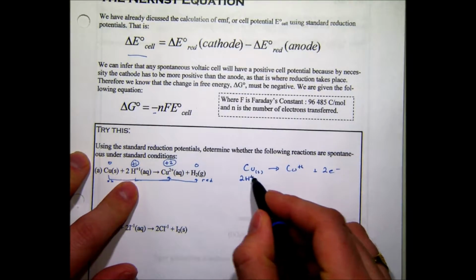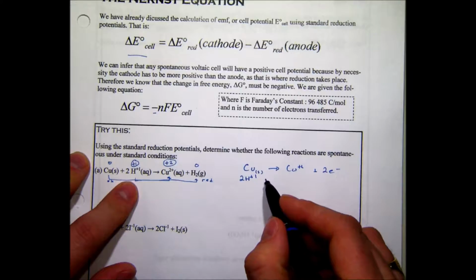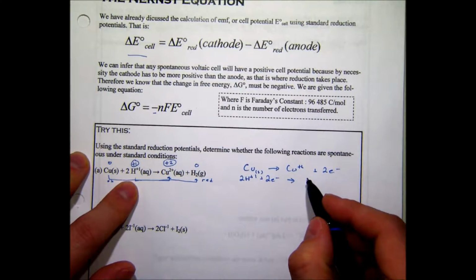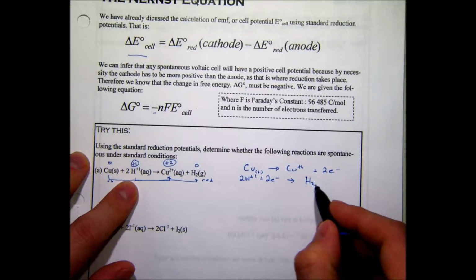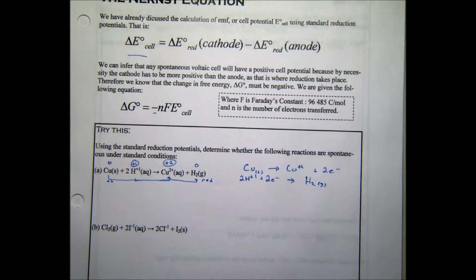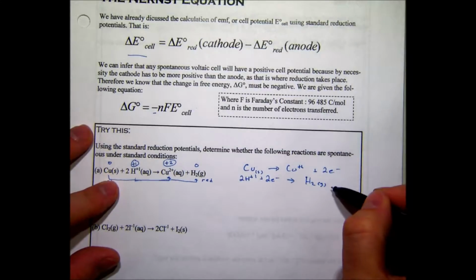And 2 moles of hydrogen +1 plus 2 electrons gives me H2 gas. So I have my two half reactions written out, and one of them must be an oxidation and one of them must be a reduction.